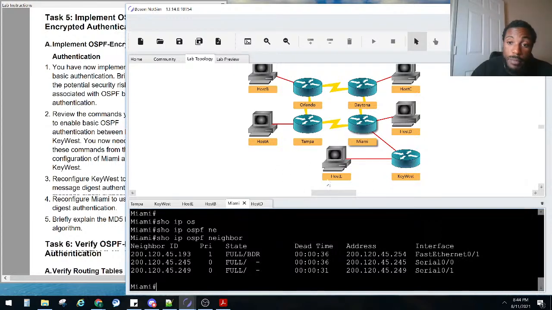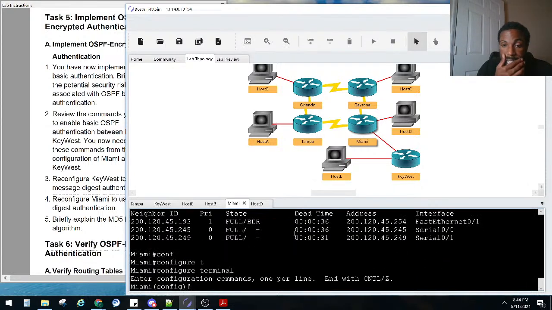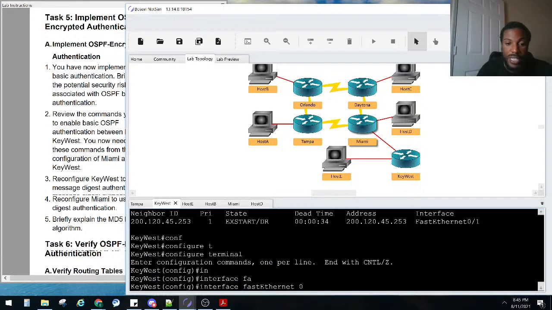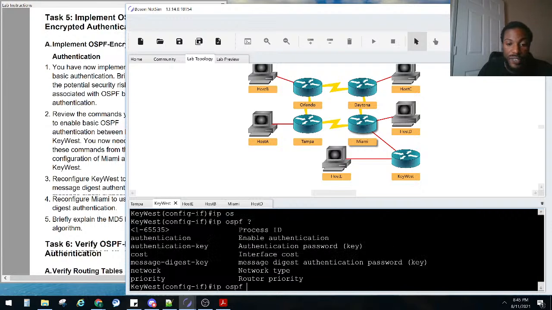So let's go to Miami, go to global config mode, and it's FA what? Let's see. Go back to Key West. Is he up yet? Nope. So let's go to global config mode, interface FA0/1, IP OSPF, right? And we got to put in, even though we put in this message digest key with a key ID of 1 and San Jose as the key, we also have to enable authentication.